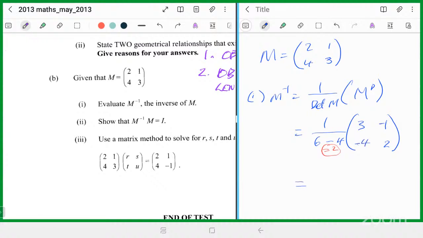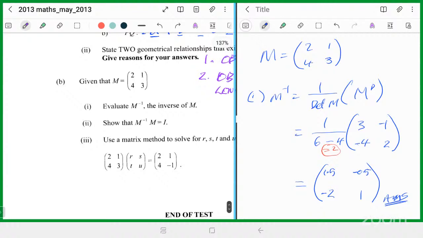So the final inverse matrix is found by dividing each of these values by 2. 3 divided by 2 is 1.5. Negative 1 divided by 2 is negative 0.5. Negative 4 divided by 2 is negative 2. And 2 divided by 2 is 1. So this is the inverse matrix.